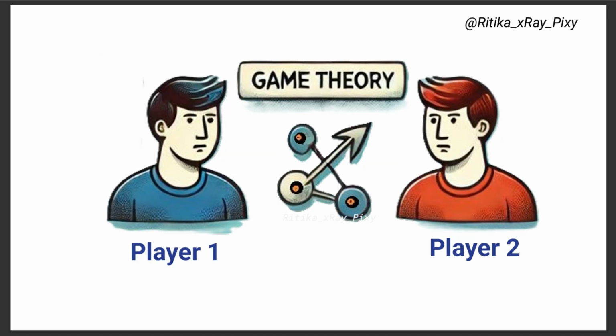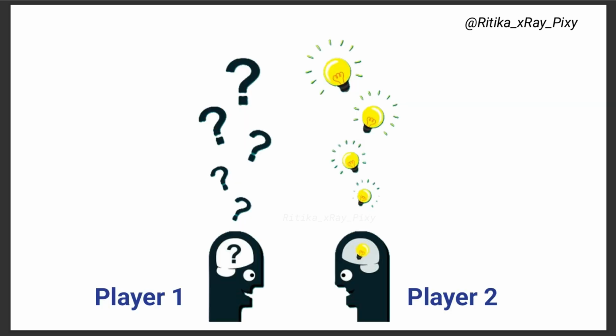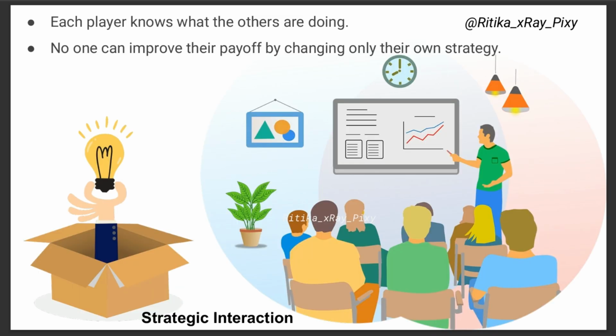So what is Nash equilibrium in game theory? It is a concept that describes a situation where no player can benefit by changing their strategy while the other players keep their strategy unchanged. Here you can see this strategic interaction, and it is applied to games where players make decisions that affect each other, and each player's strategy is the best response to the strategies of other players.